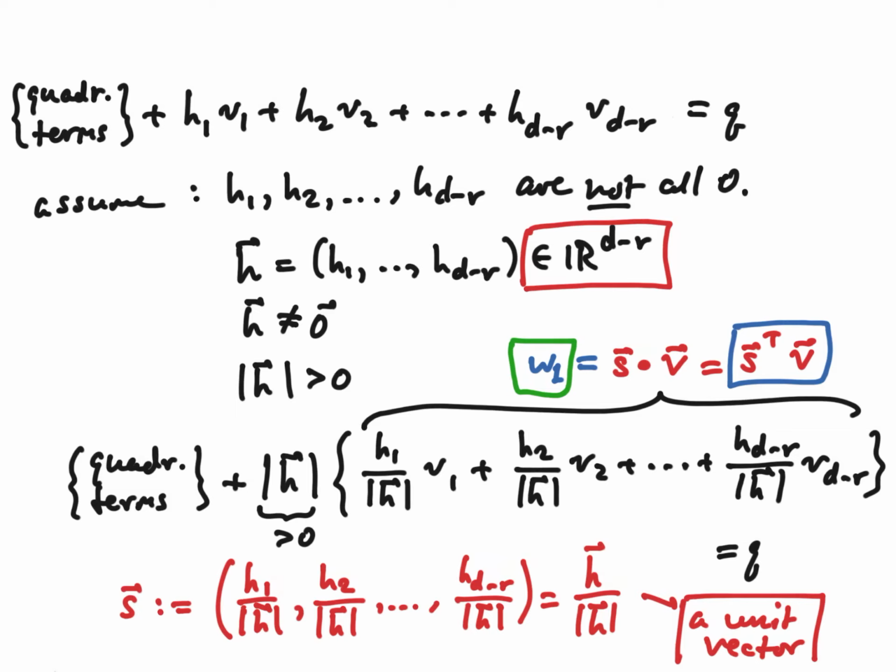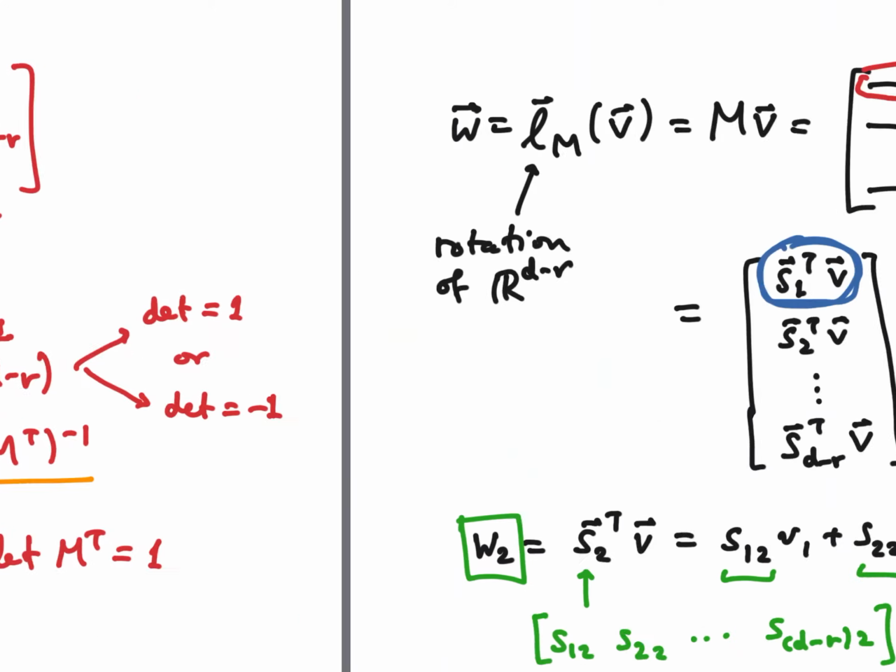Well, we're really taking the active viewpoint rather than the passive one. We're thinking of V as a vector in that space, and then we rotate it to become W, but it stays in that same D minus R dimensional space. And then the U axes are totally orthogonal to that space. Okay, and so we can put the two together in the following way.